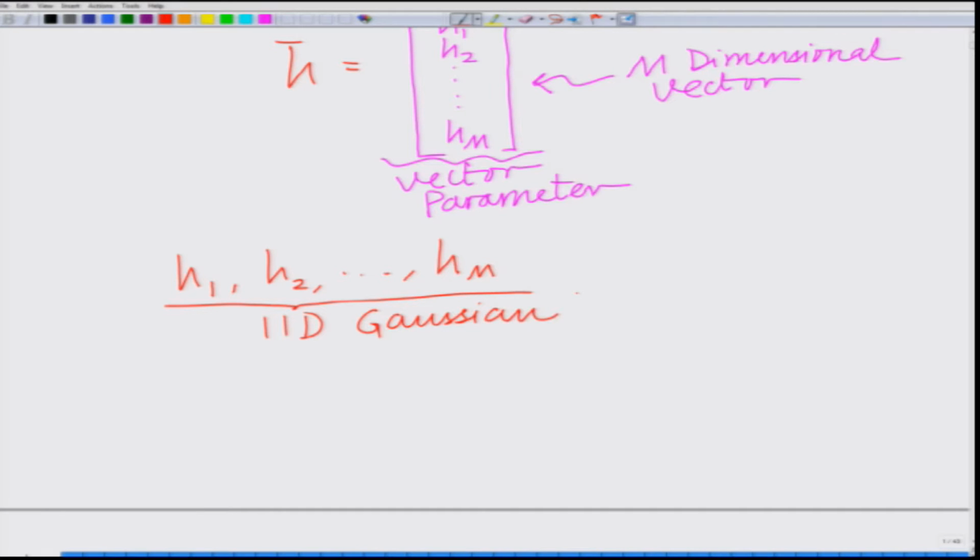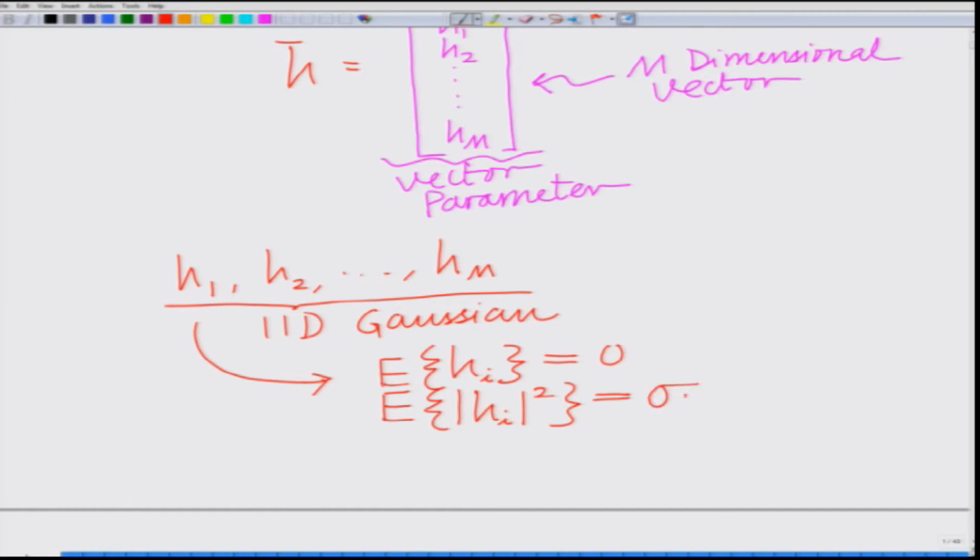Gaussian, which means independent identically distributed Gaussian, with the expected value of each h_i equal to 0, that is, the mean of each coefficient h_i equals 0, and the variance, expected magnitude h_i square, equals sigma h square.